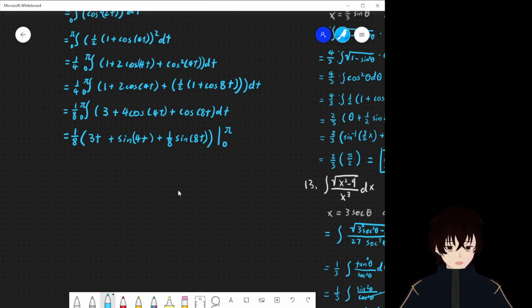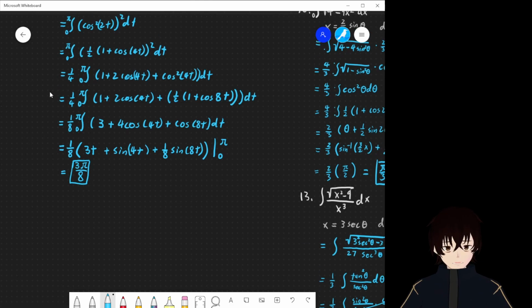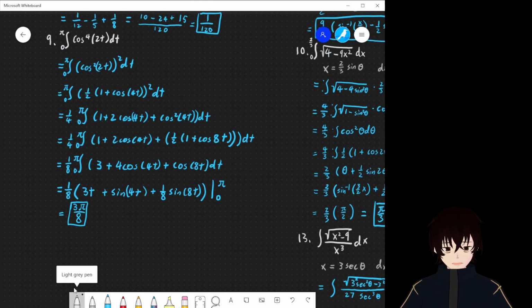Well, sine of pi is 0 and sine of 0 is 0, so that would be 3 pi over 8. This is number 9, and that is correct. The answer is 3 pi over 8.